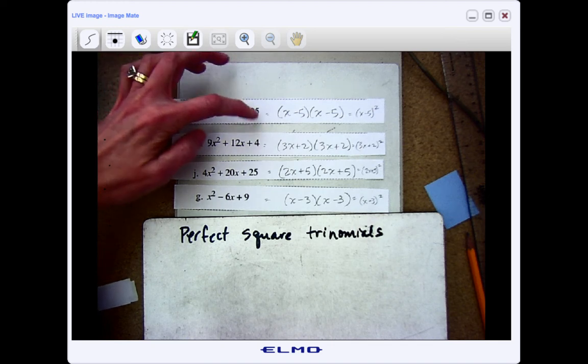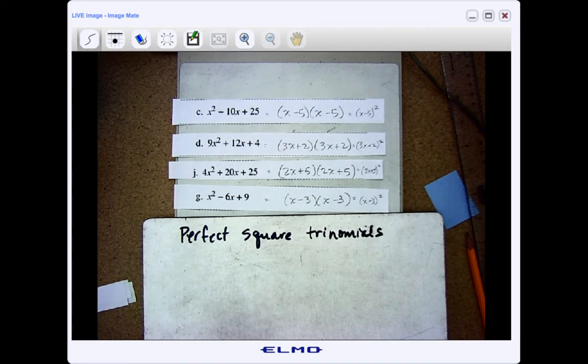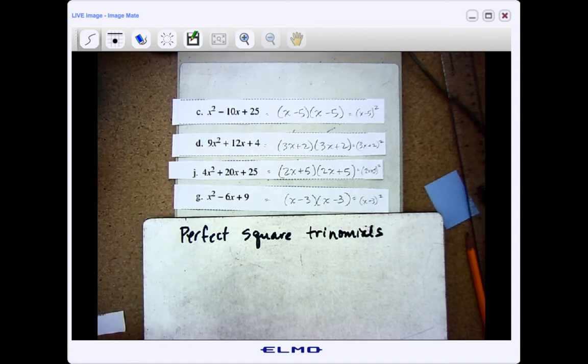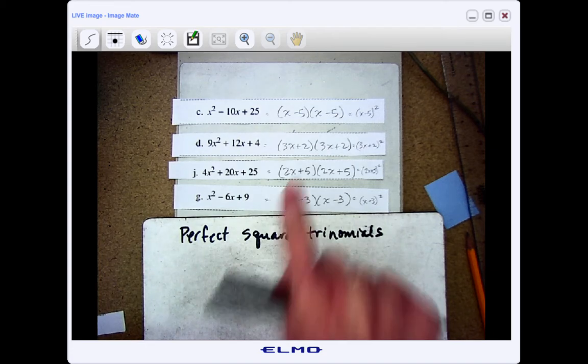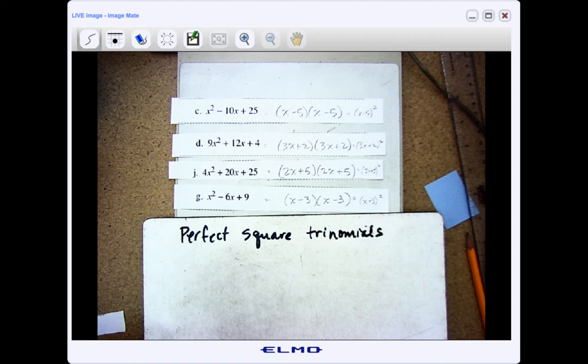And the c term is also a perfect square. But just those being perfect squares is not enough. Something special actually has to happen with this middle term.